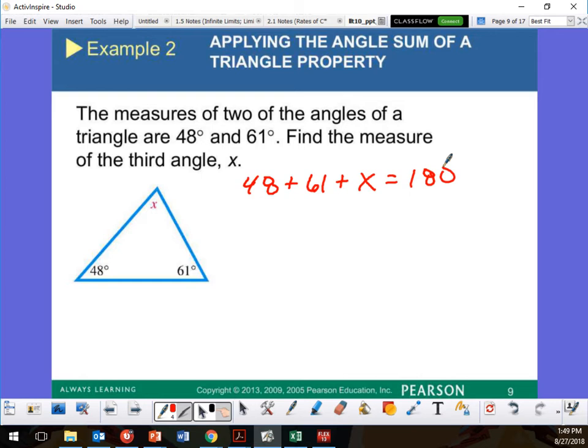So 109 plus x equals 180. What do I do from here? Subtract 109. X is 71 degrees. So my third missing angle came out to be 71 degrees. Yep, you could plug it back in, check to see if it works, right?